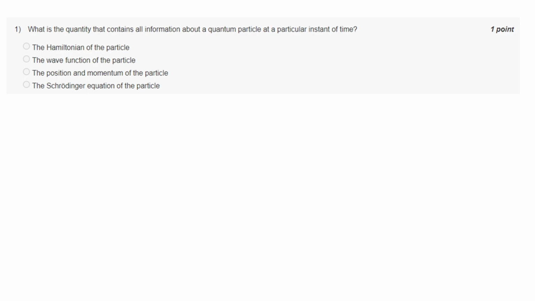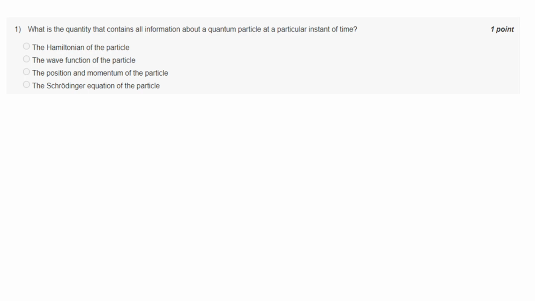So whatever I have told you, first I am going by option. First is the Hamiltonian of the particle. Hamiltonian, okay. Do you know how Hamiltonian is represented in quantum mechanics?